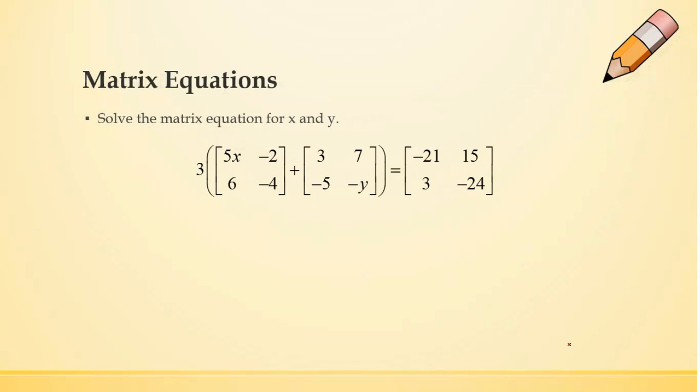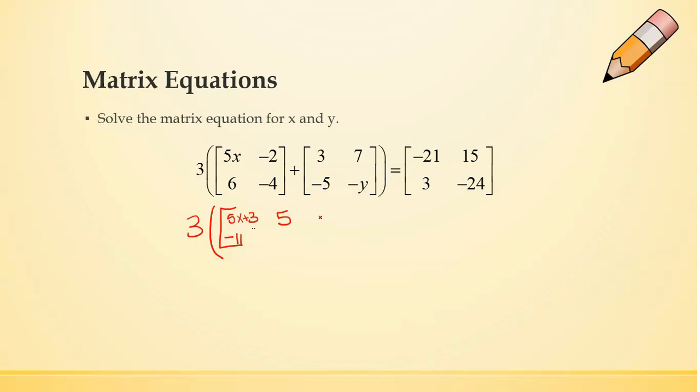Here is the ultimate one, matrix equations. Basically what you're going to do is combine everything and then solve for x and y. So, very first thing I notice is I have addition. Let's do the inside of the parentheses first. Let's combine. 5x plus 3, so that's just 5x plus 3. -2 plus 7 is 5. 6 plus -5 is -11.